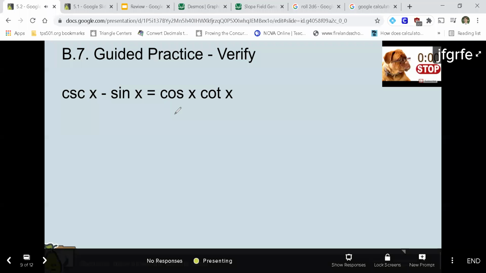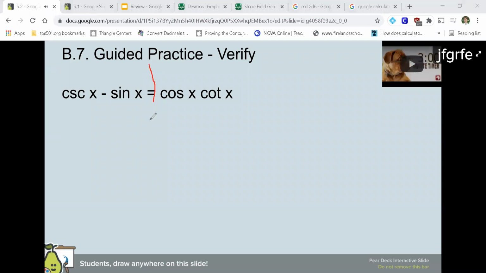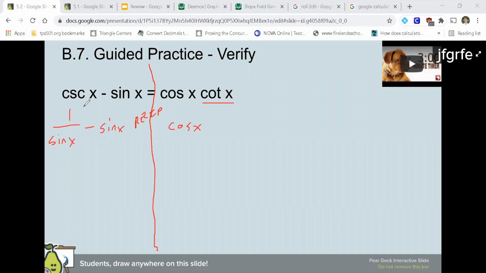All right. What's something we could do first? That'll be 1 over sine. Then what? Sure. Which is? So really, that's cosine squared over sine.